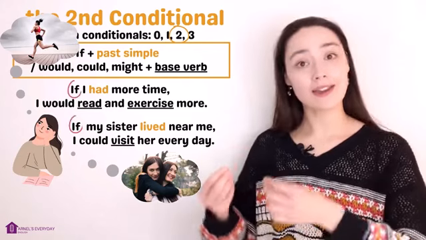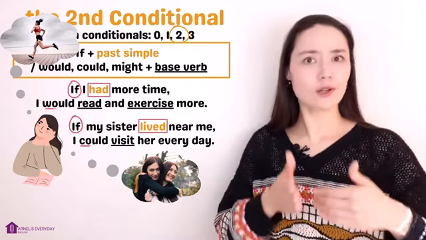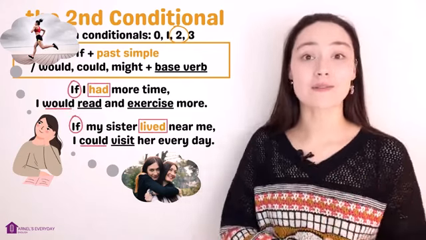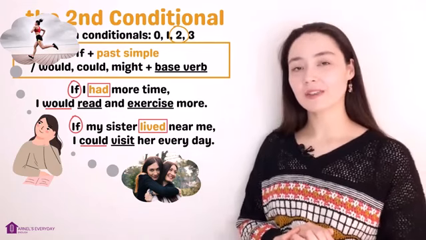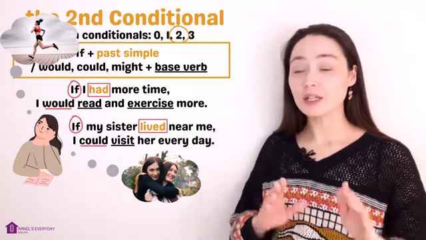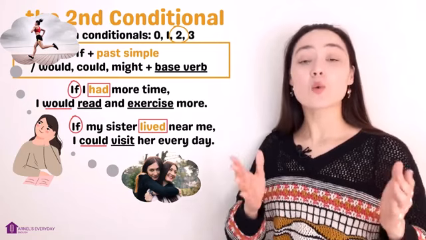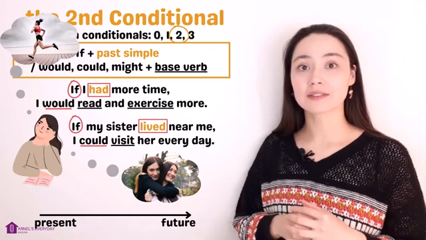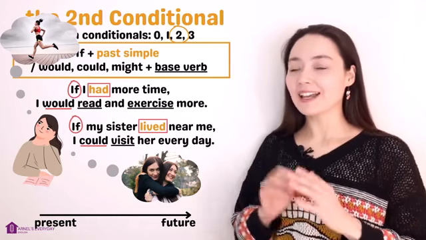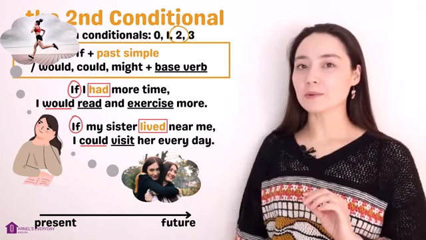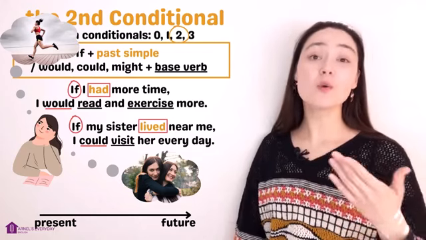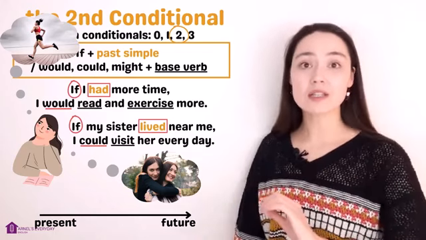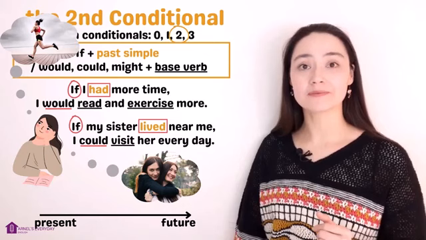You can see, if, past simple, would, could, or might plus that base verb. When you use a second conditional, it's really important to remember we're speaking about the present or the future. Again, when you look at these examples, it's expressing something we want. We don't have these things, it's something we want.